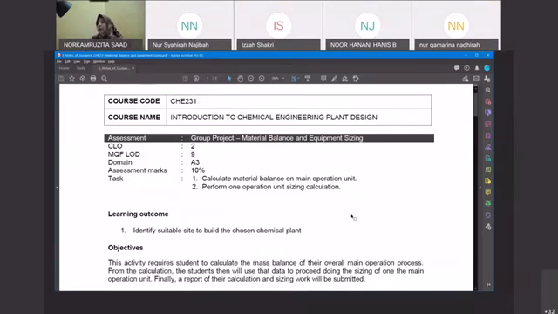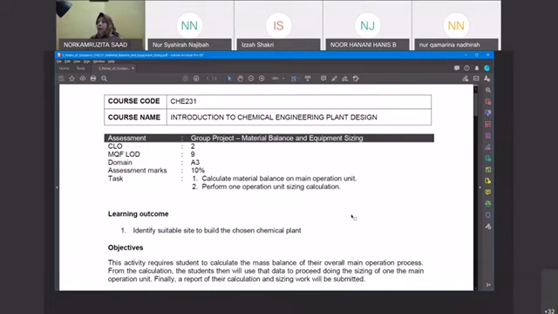So you have learned about these things already, and at the same time you learned how to do the mass balance of the given equipment. So in this part I would like you to have only the material balance for the equipment that you have chosen. No reaction.